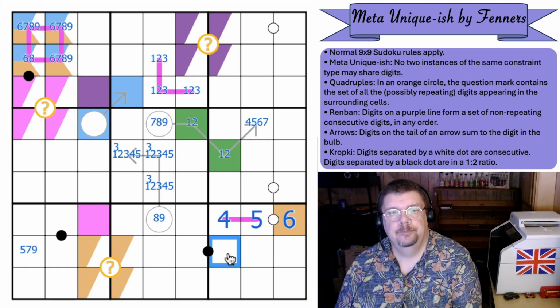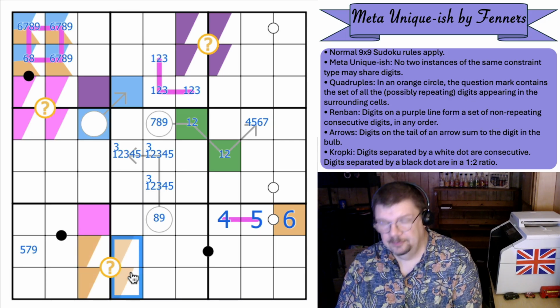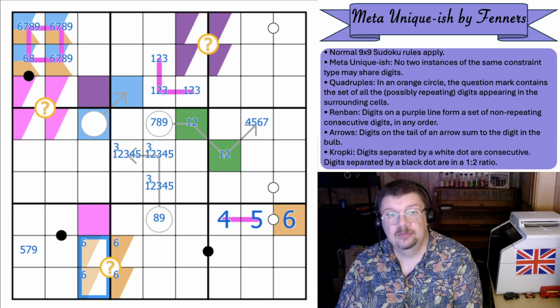So this can't be a 6. And 6 is repeating on this Renban. Right. So one of these two is a 6.